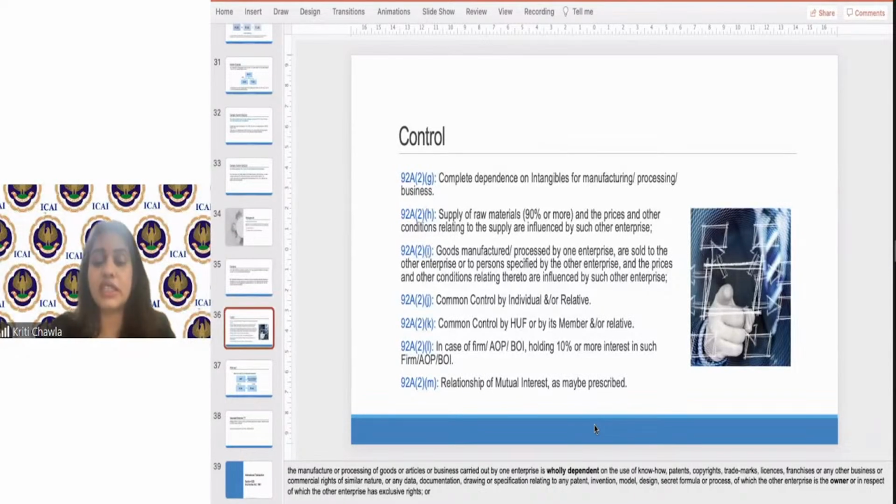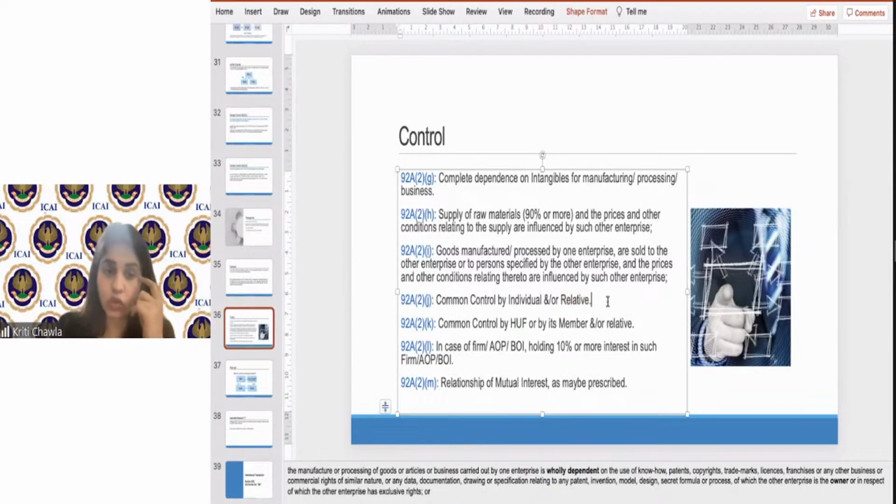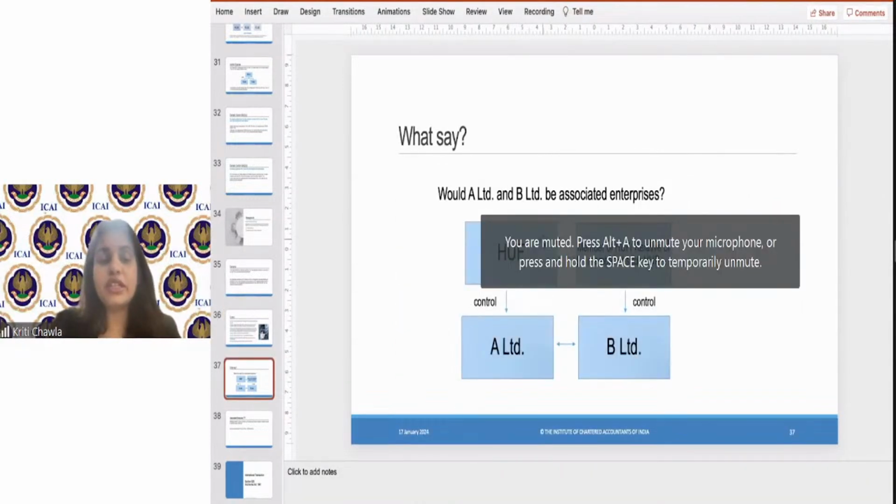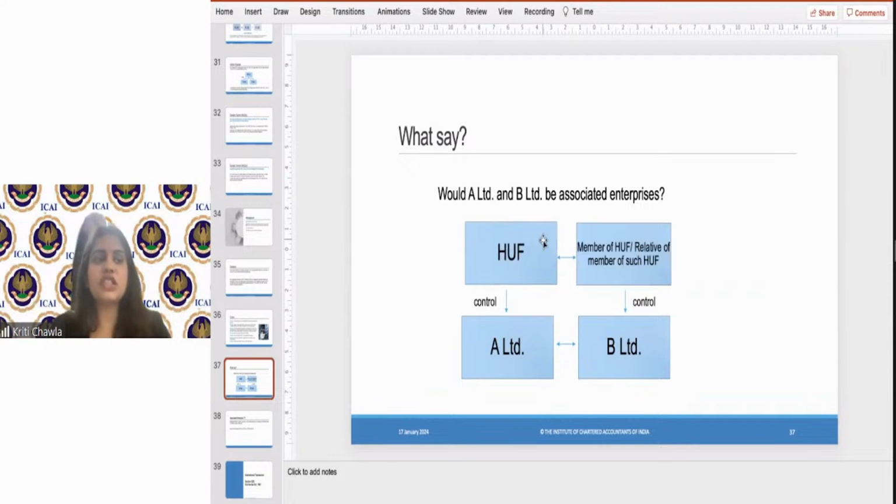The definition of relative is not very specific to transfer pricing; the definition which holds true for the Income Tax Act is applicable in this situation also. Let's take this example, and then I will go back to all the questions. Meanwhile, you can drop your questions and I will answer them after I discuss these two examples.